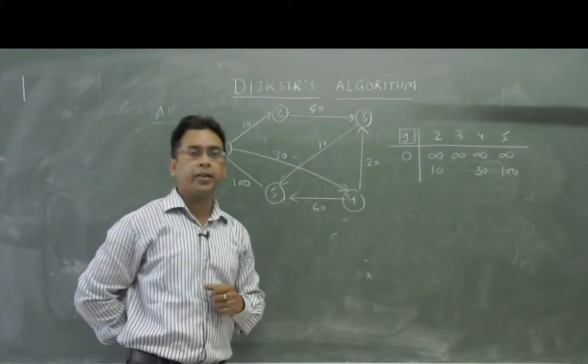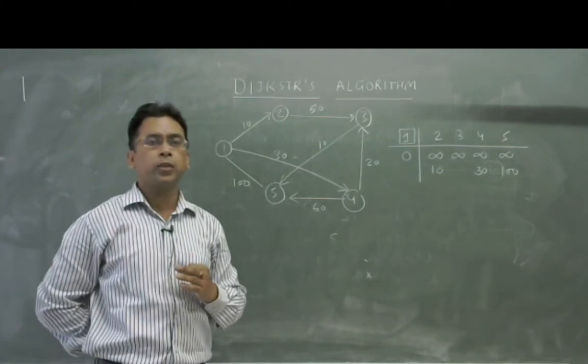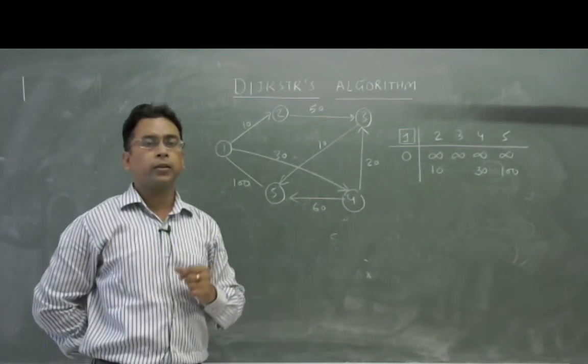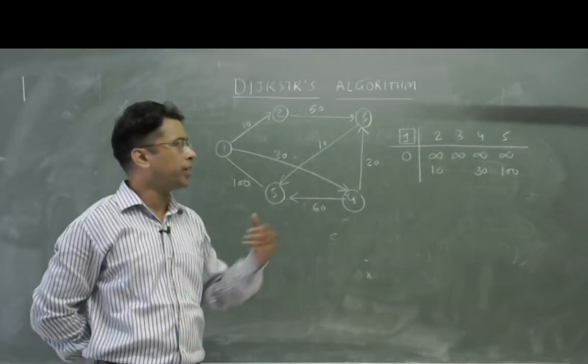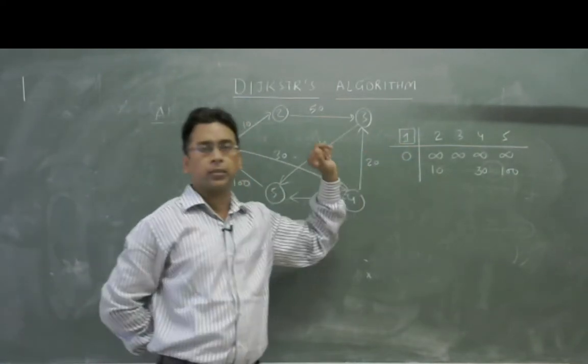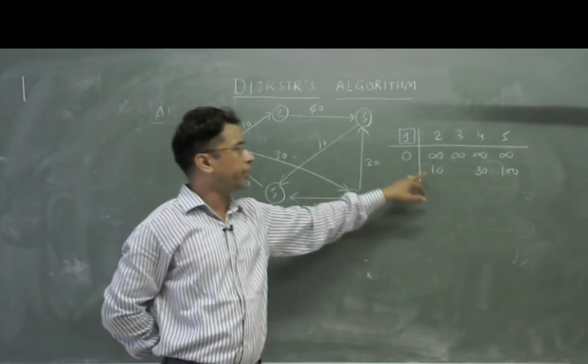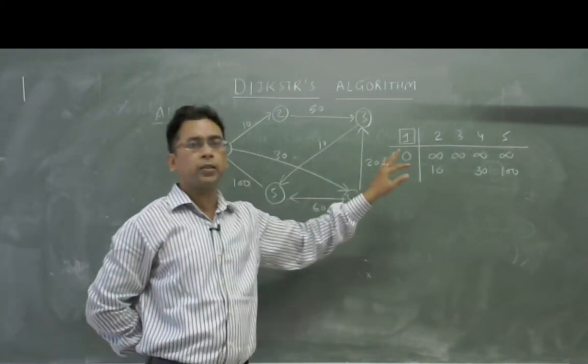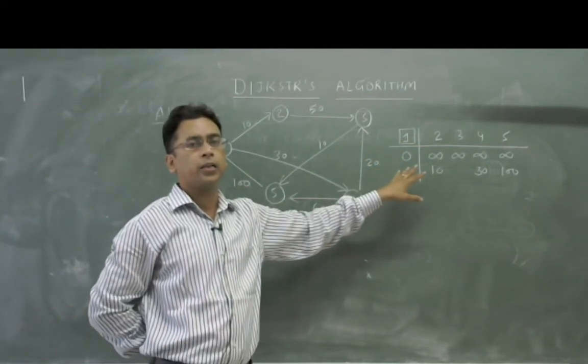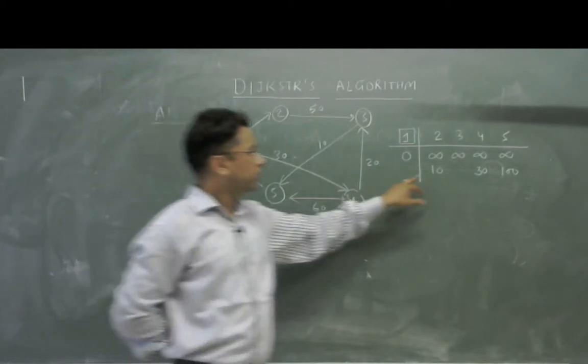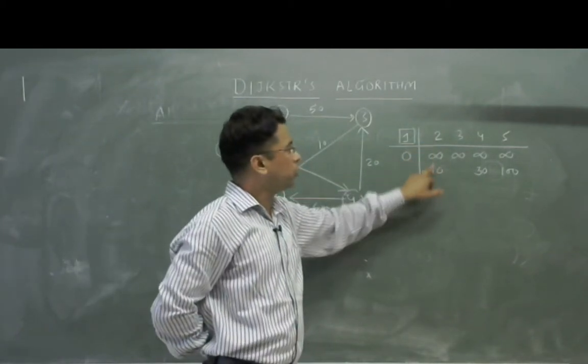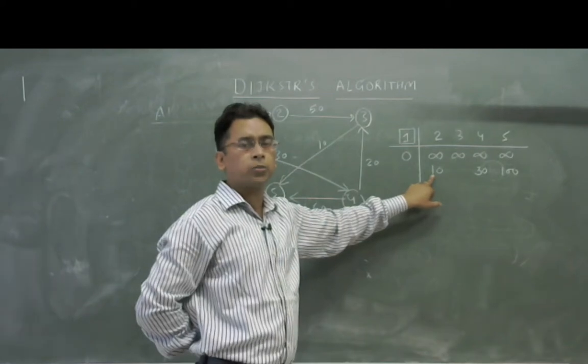Now we shall find out among these which one is the closest one, and we shall add 1 to the set S. After that we shall find out which among these is the closest one. Among these, node number 2 is at value 10, that is the smallest one.